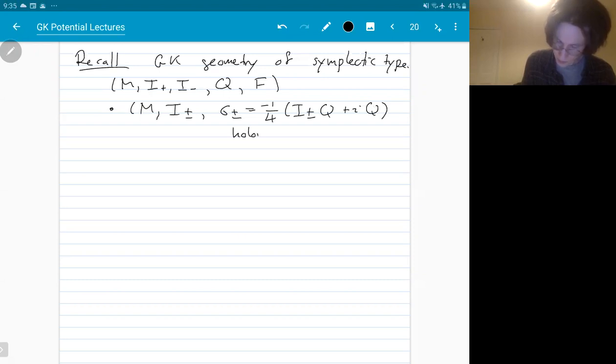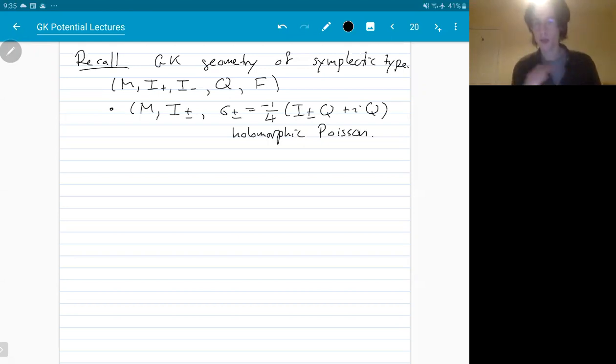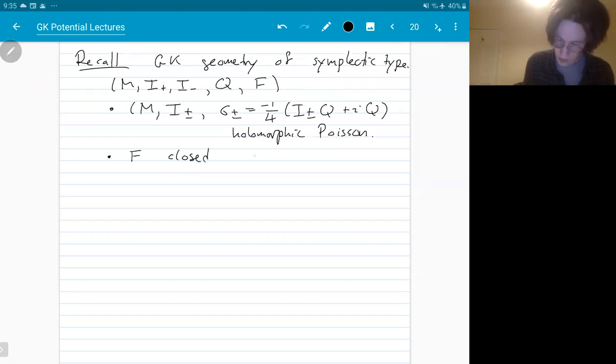This is a holomorphic Poisson structure. So we have really two holomorphic Poisson structures such that the Poisson tensors share the same imaginary part. And F is a closed two-form. And there's a set of equations that are satisfied.